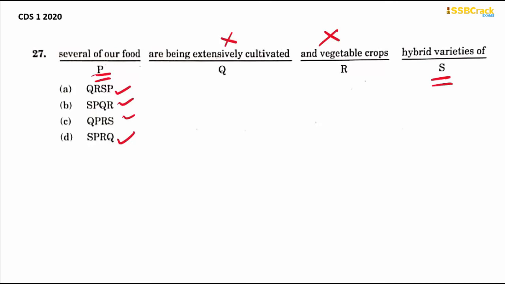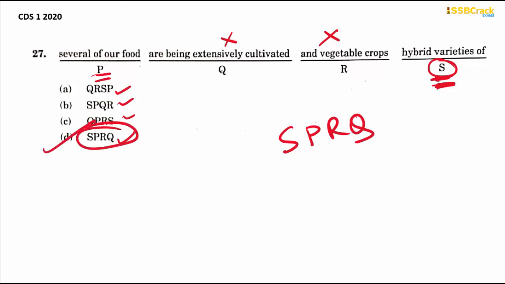There is only S. So we will take S and not P. So let's take S as the subject. Hybrid varieties of several of our food and vegetable crops are being extensively cultivated. So it is SPRQ. Okay. And that is option D. So your answer is option D here.